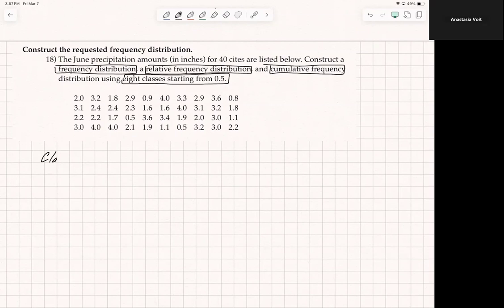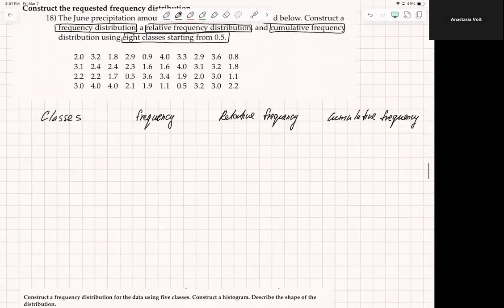So we have classes, we have here frequency, we can have here relative frequency and cumulative. So that's all that we are asked to find, right?